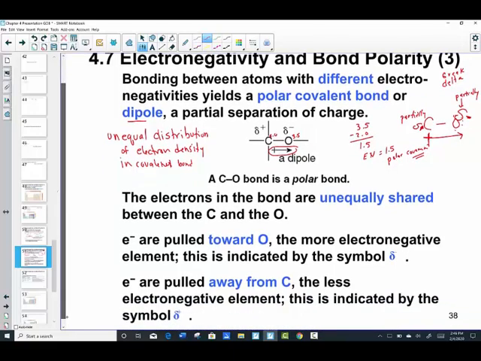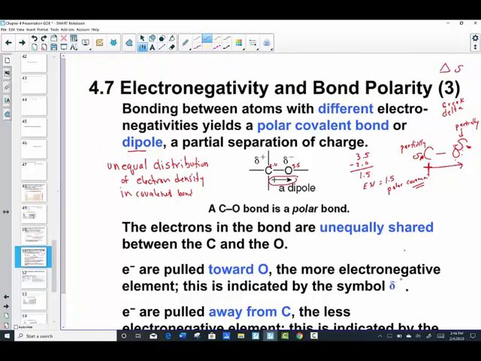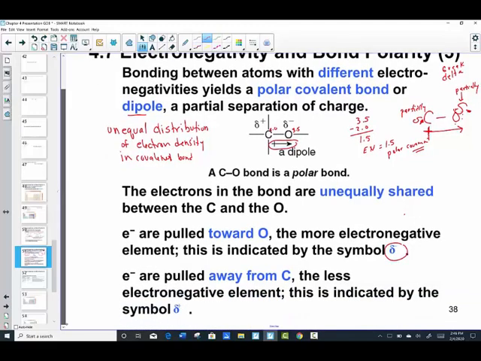The electrons in the bond are unequally shared. Those electrons are being pulled towards the oxygen, which is far more electronegative, and it gets this little Greek symbol to represent partially negative. And since the electrons are being pulled away from the carbon, the less electronegative element is left with a partial positive sign. So the polar bond gets a symbol, and then the area in the molecule also gets those symbols.